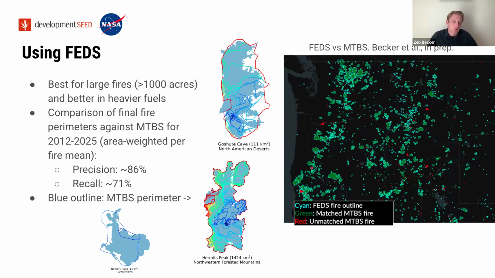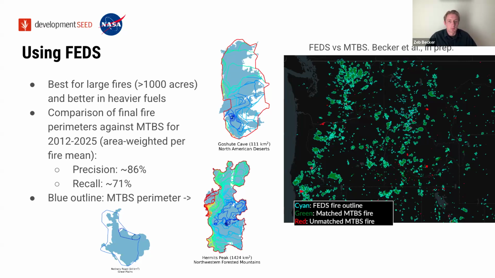So what we found, summarizing at a very high level, was that FEDS had a precision of about 86% per fire. That means on average, of the area that FEDS says was within a fire, MTBS agreed with about 86% of that.